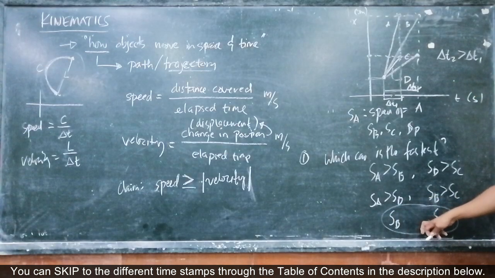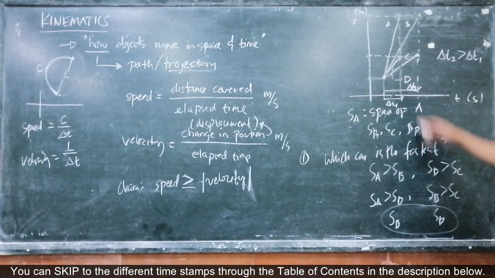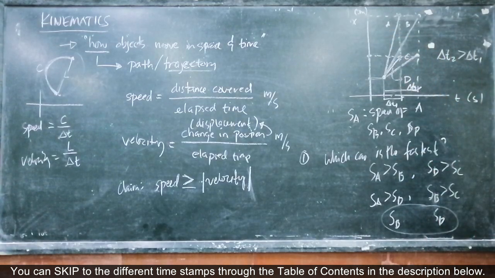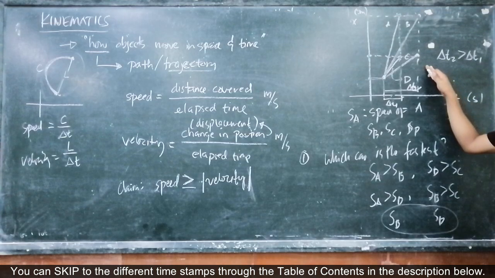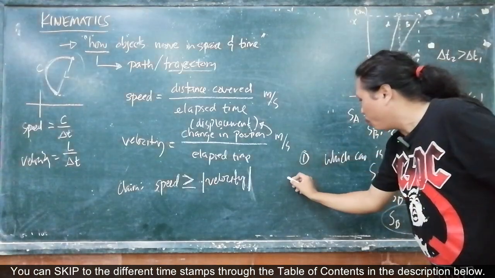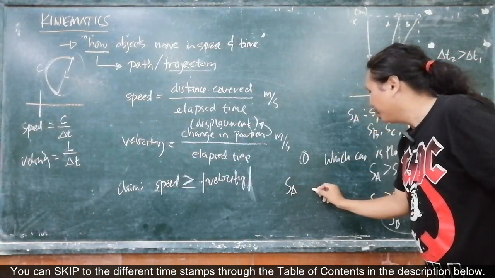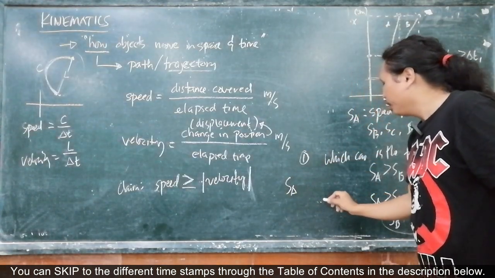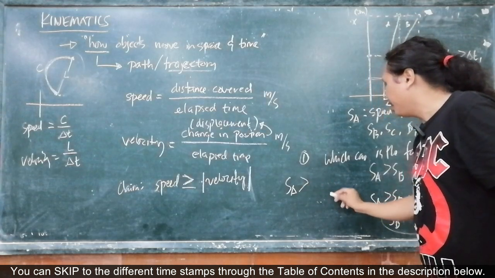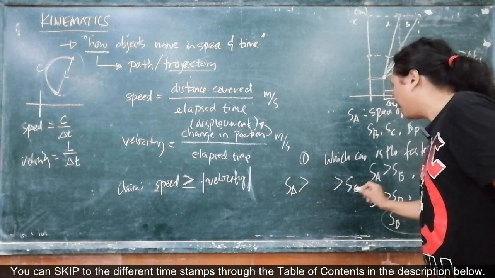This is unknown. How about A and C? Well, it's obvious we can easily say that A is greater than C. This is very certain. In fact, if we give an order here, we have SA, and then SA is greater than SC.